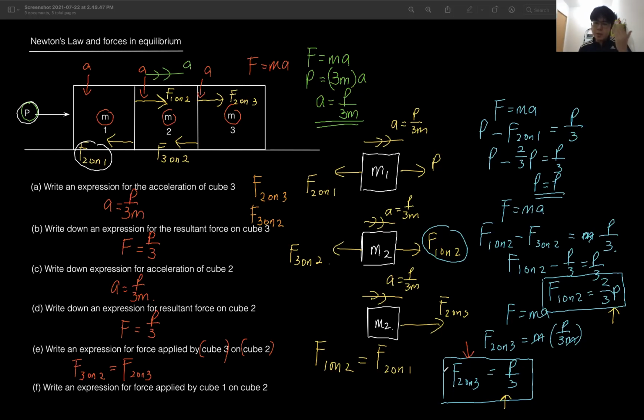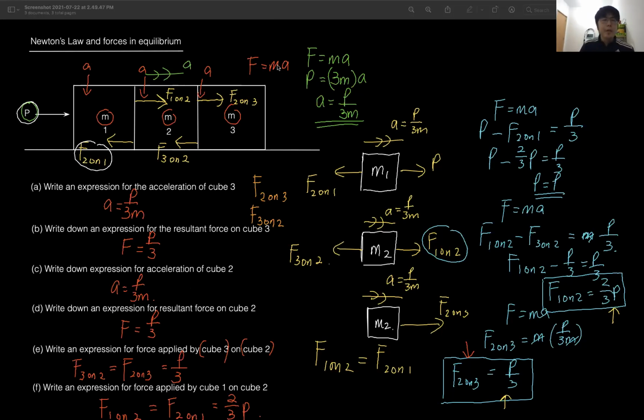P over 3 is my answer. F, write an expression for force applied by cube 1 on 2. F1 on 2, same as F2 on 1. That's 2 over 3 P. That's my answer.